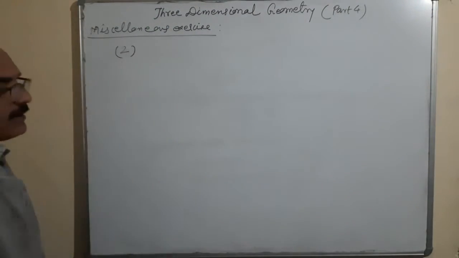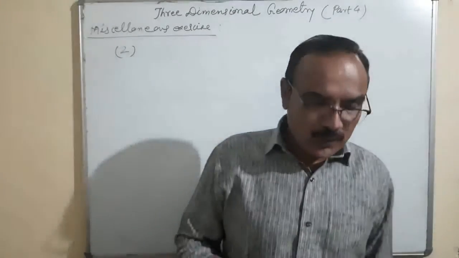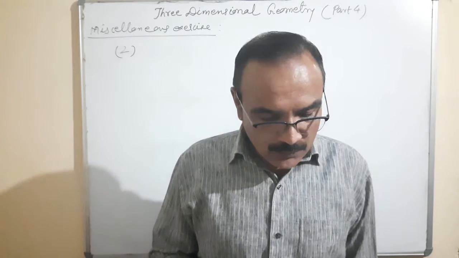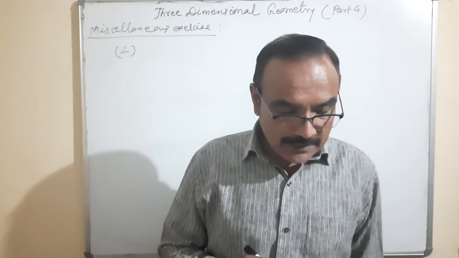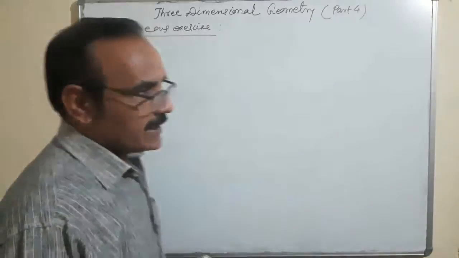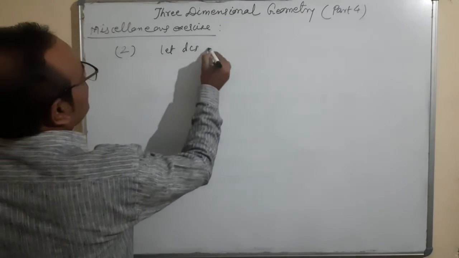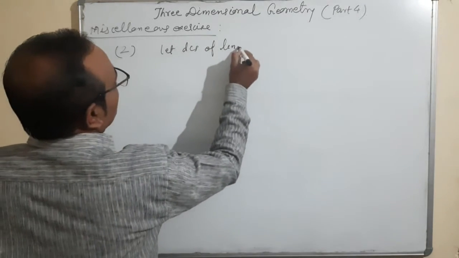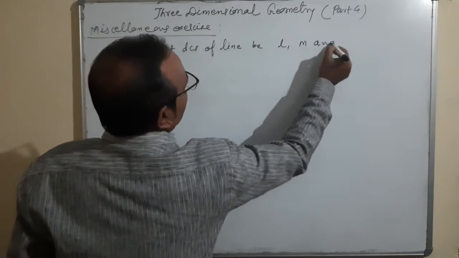It is given that l1, m1, n1 and l2, m2, n2 are the direction cosines of two mutually perpendicular lines. Let the direction cosines of the required line be l, m and n.